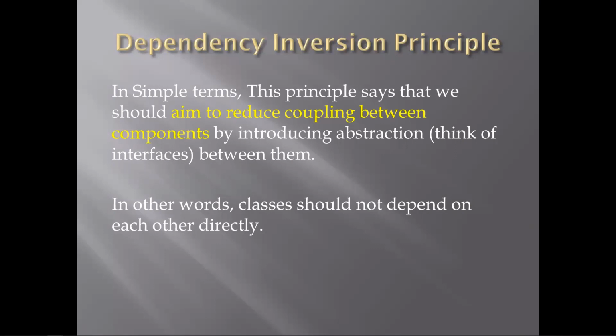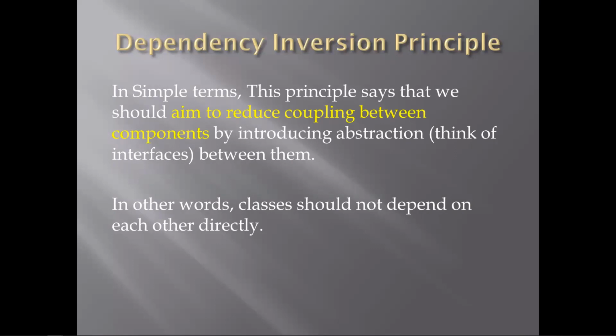So this principle says that we should aim to reduce coupling between components by introducing abstractions. Think of interfaces between them. What it is actually trying to say is, suppose you have different classes in your project. The different classes should not depend directly on other classes.